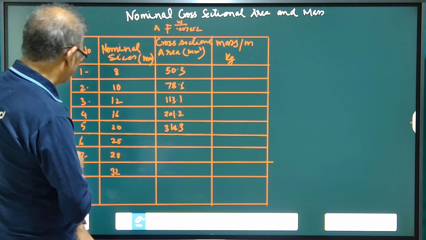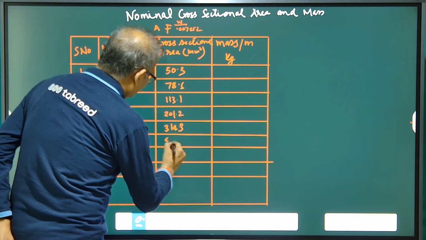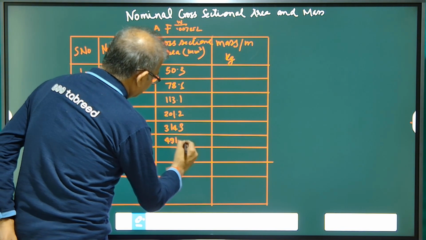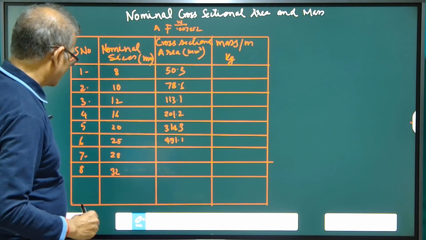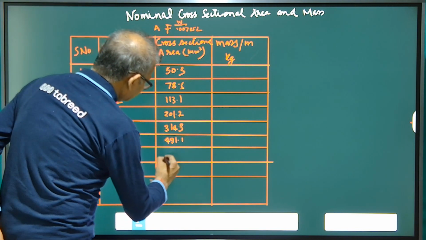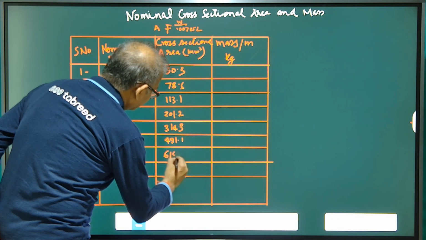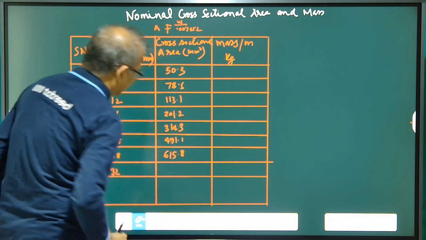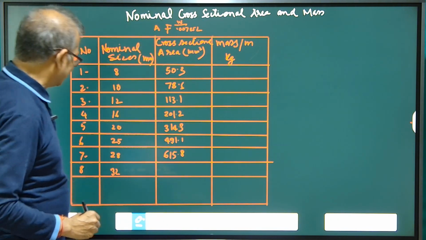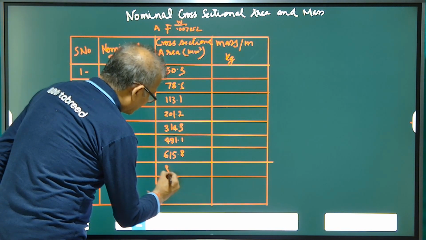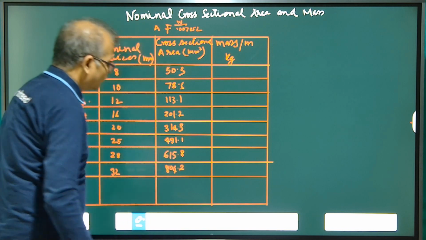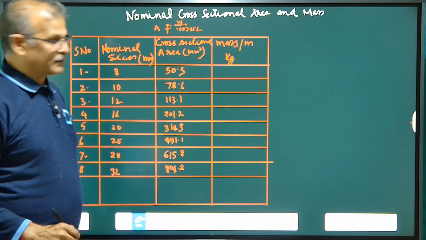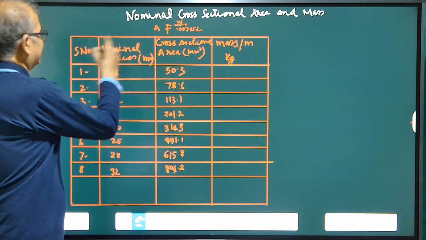For 25 mm it will be 491.1 mm square. For 28 mm it will be 615.8 mm square. For 32 mm it will be 804.2 mm square.